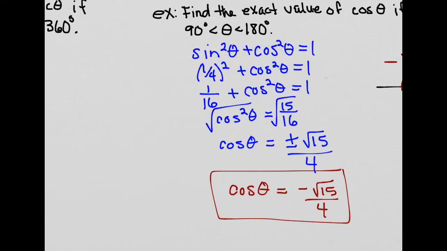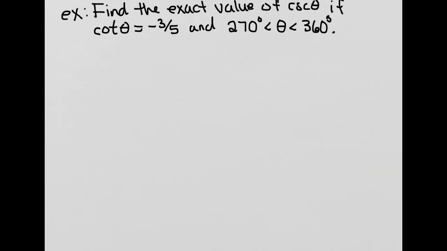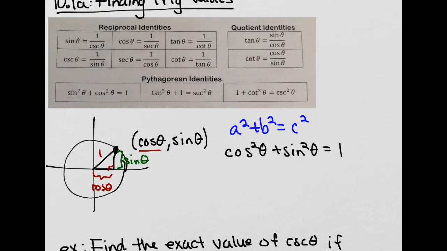Okay, next one. This time we're finding the exact value of cosecant if cotangent is negative 3/5, and we know theta is between 270 and 360 degrees. So because we're using cosecant and cotangent, we're going to use this identity right here.